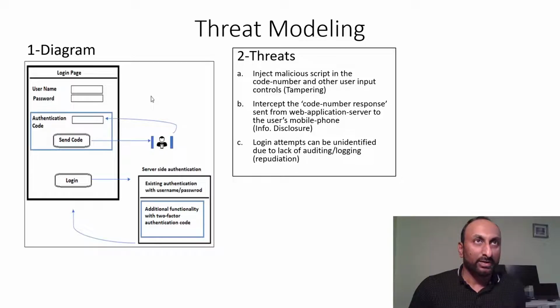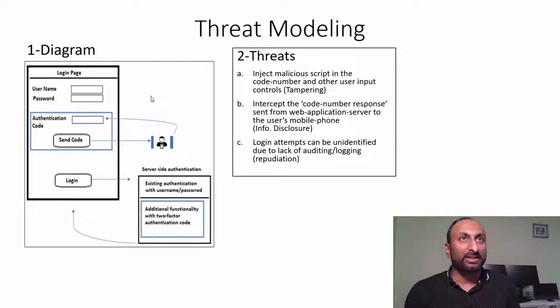Once we have drawn the diagram, the next phase of threat modeling is to identify the threats. We identify these threats based on our knowledge as well as using our threat category list guideline.